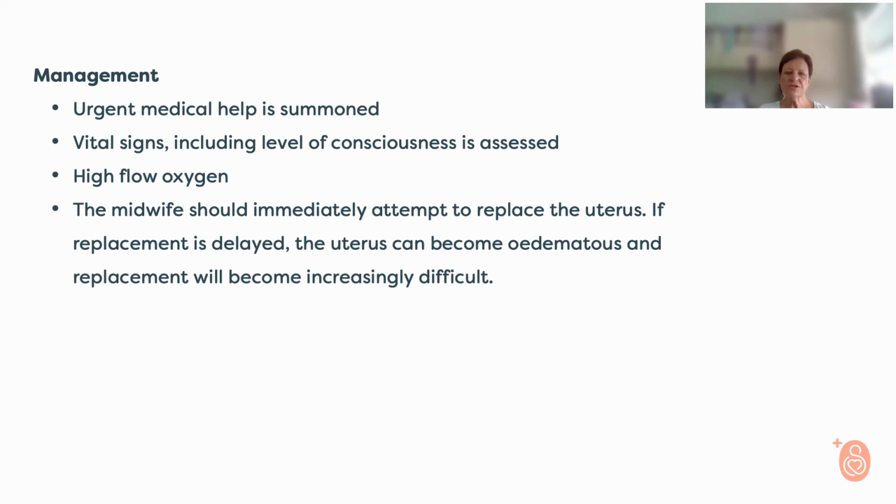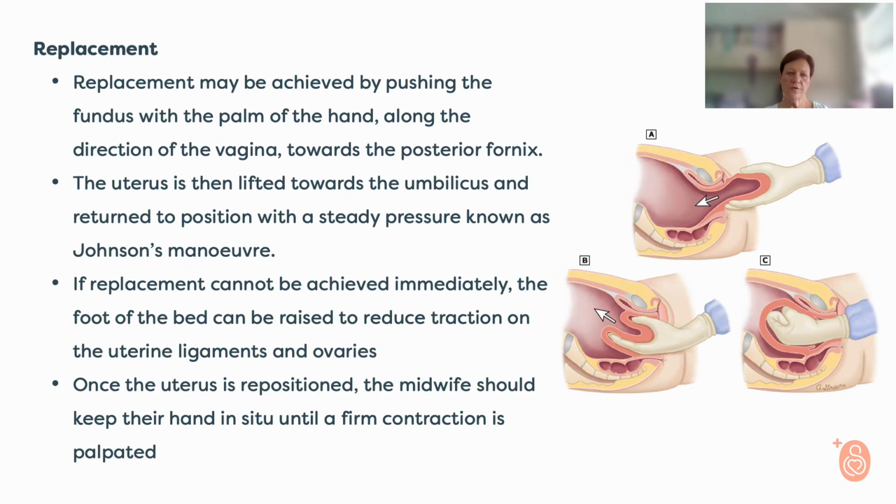High flow oxygen should be given to the patient, and one should attempt to replace the uterus as quickly as possible. As long as the uterus is inverted, it can't contract and it will still bleed. If the replacement is delayed, if we wait too long, the uterus becomes edematous, and then replacement is very difficult and the patient will just bleed more.